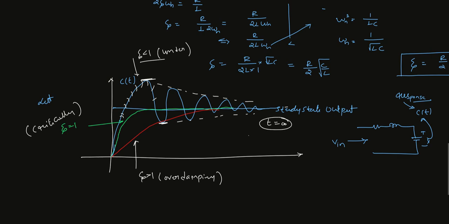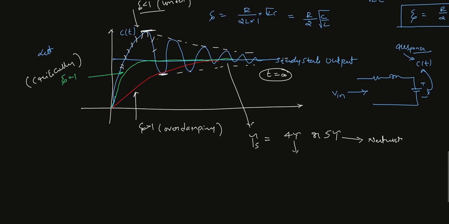Usually in an under damped system the settling time is 4 tau or 5 tau. In networks we generally use 5 tau, and in control systems we use 4 tau.